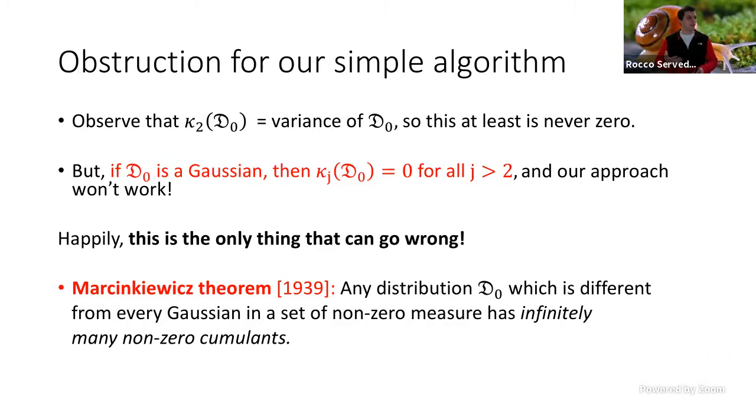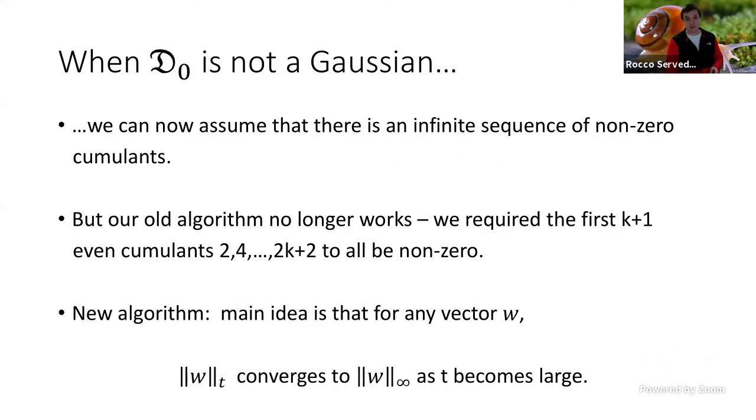So this tells us there should be a lot of tools at our disposal, these non-zero cumulants of higher order, that we can use to make our approach work. And indeed that is the case, but we can't use the same simple algorithm based just on these symmetric polynomials that we used in the earlier case.